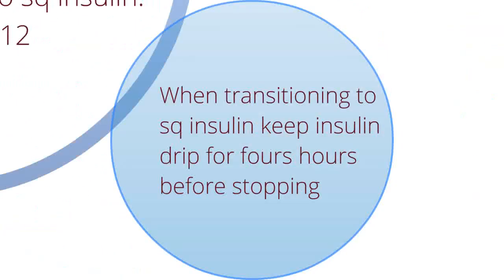So, when transitioning, you need to keep the insulin drip on for 4 hours before stopping, because if you take the insulin drip off immediately, the longer-acting insulins will not have time to exert their effect before the glucoses begin to rise again. So make sure that there's a 4-hour overlap period between when long-acting insulin is started and when an insulin drip is stopped.